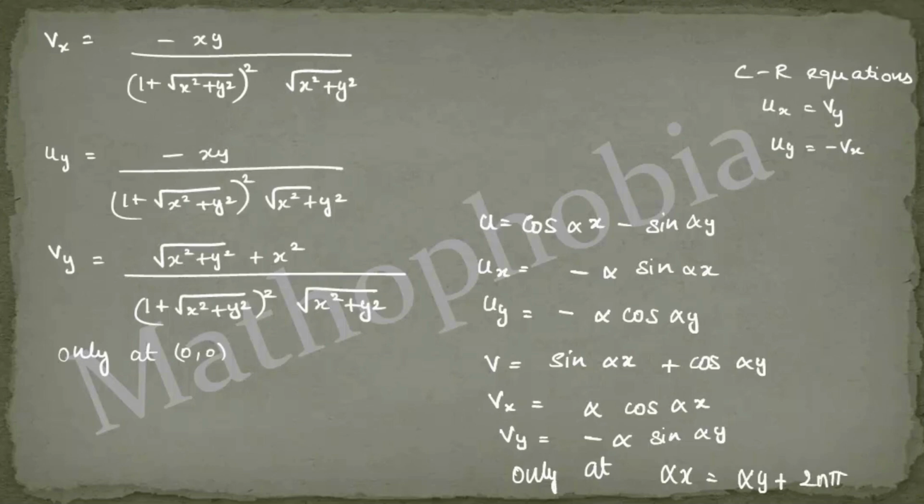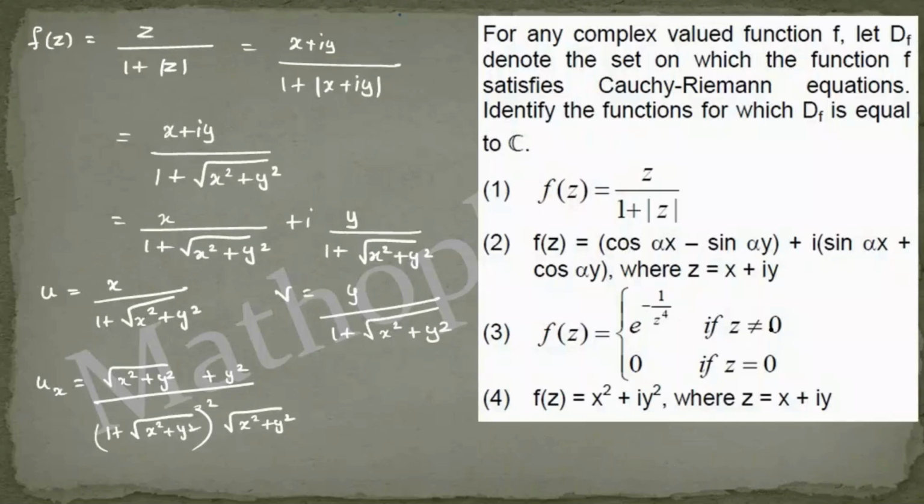Next option C try பண்ணலாம். So option C என்ன கொடுத்துருக்காங்க? Third option வந்து f of z is equal to e power minus 1 by z power 4 if z not equal to 0 and 0 if z is equal to 0.